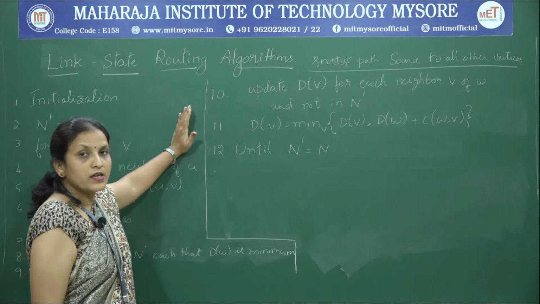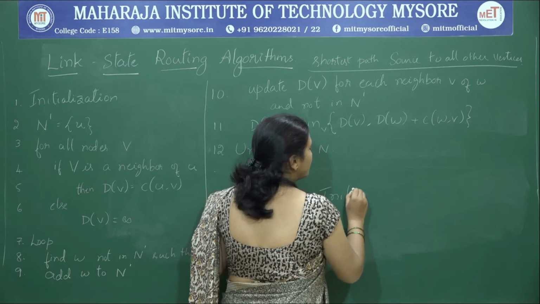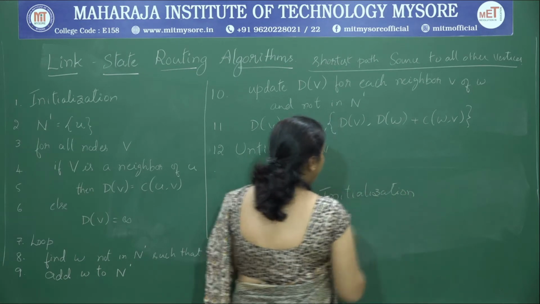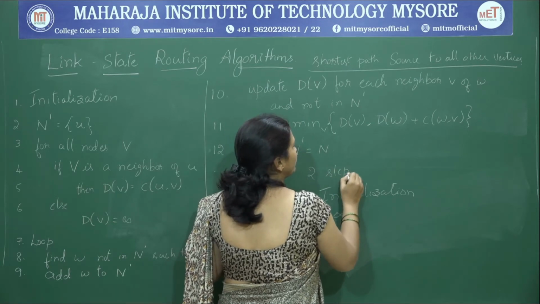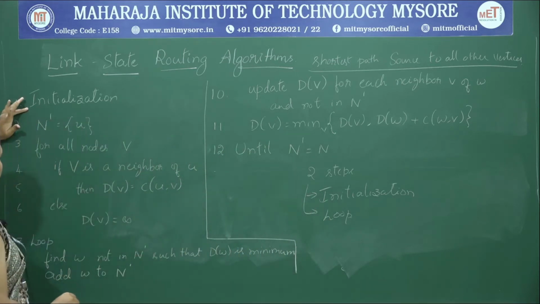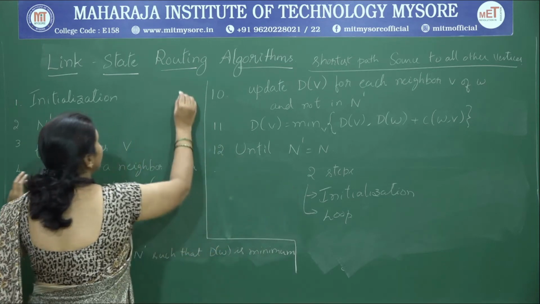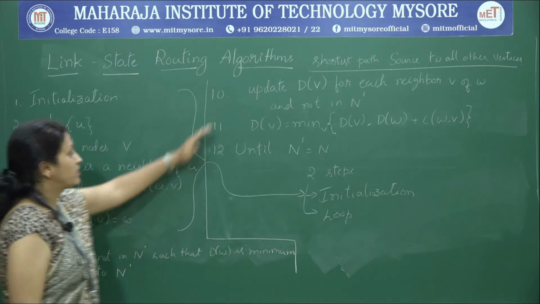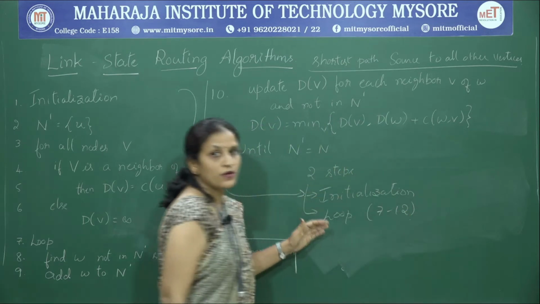This algorithm consists of two steps. The first step is initialization, and then it consists of a loop. Okay. There are two steps. From step 1 to step 6, it is initialization. The rest of the steps, from 7 to 12, are the loop. Okay.